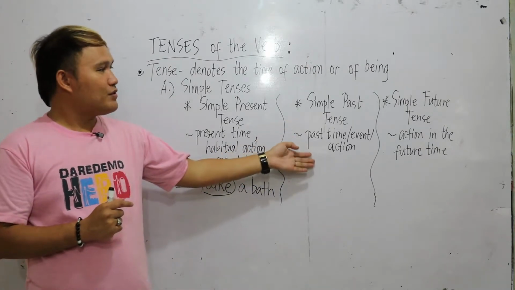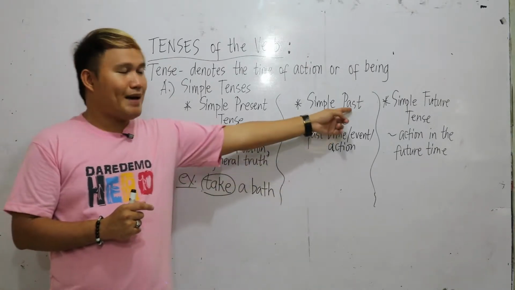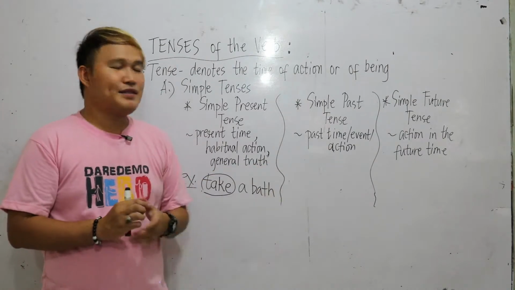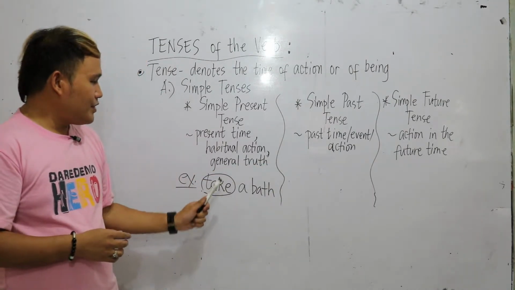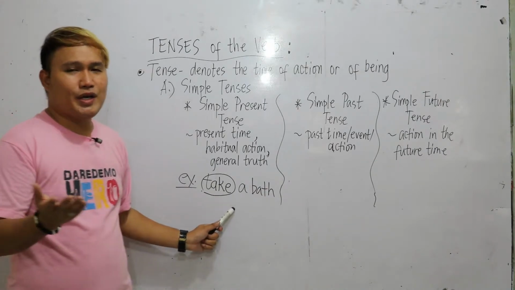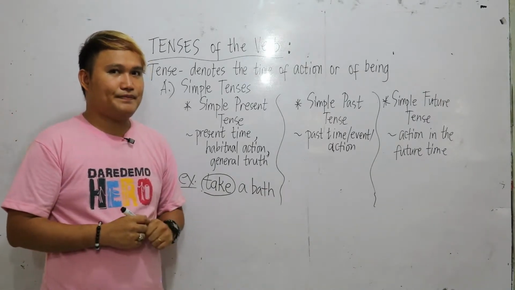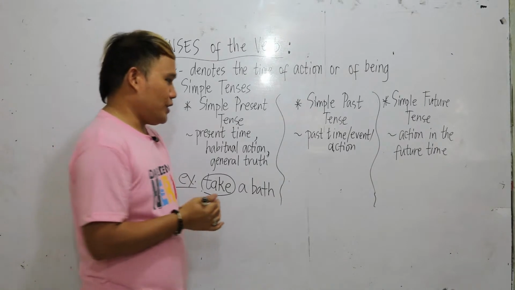For simple past, of course, from the word past, it refers to past time, past events, or past actions. Now, anyone who can give me the past tense of take? Very good. Took.